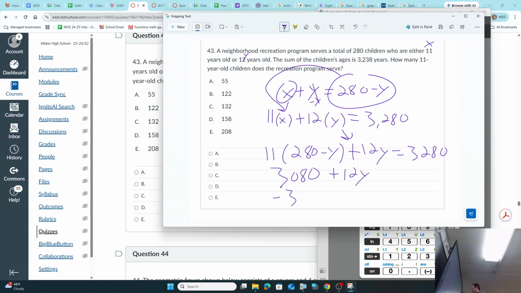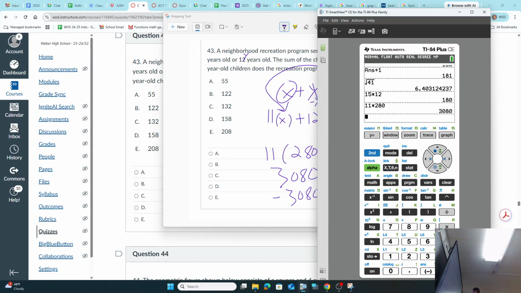And now we minus the 3,080 over to the other side. So I think that ends up being, is that just 200? 3280 minus 3080.